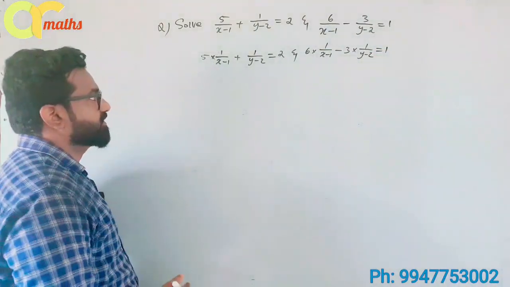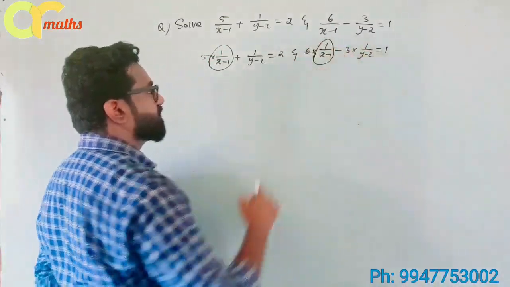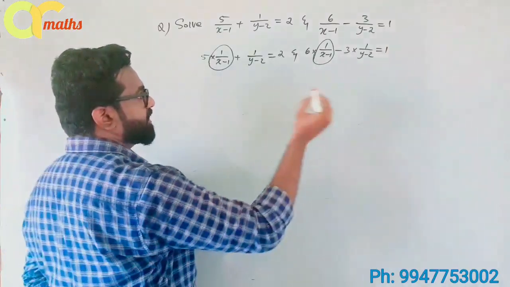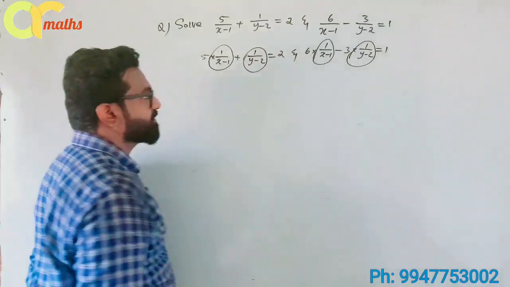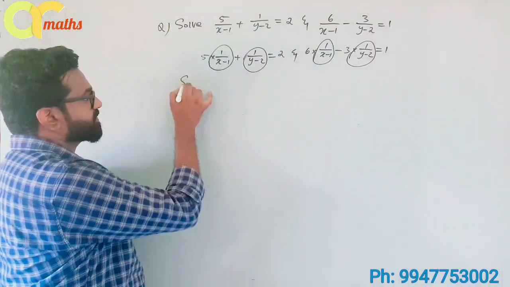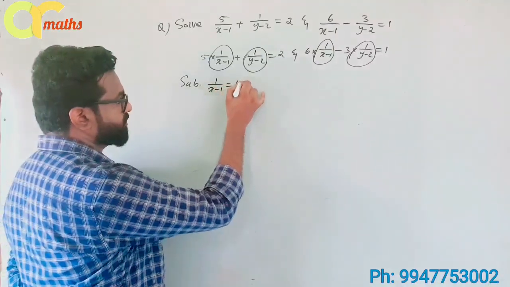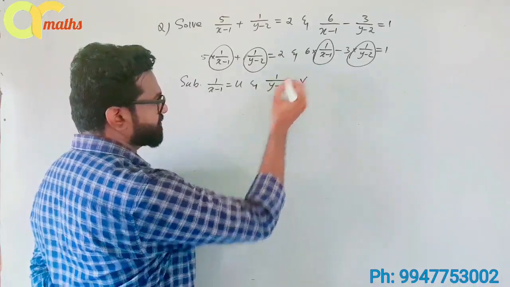So here substitute 1 by x minus 1 by a letter. Which letter? u. And 1 by y minus 2 by a letter v. So substitute 1 by x minus 1 equal to u and 1 by y minus 2 equal to v.